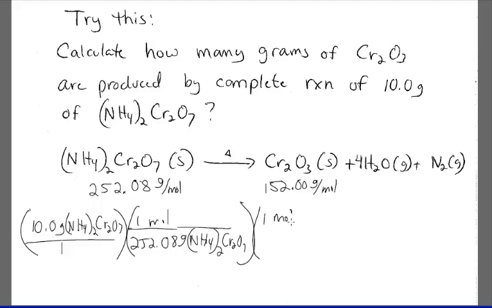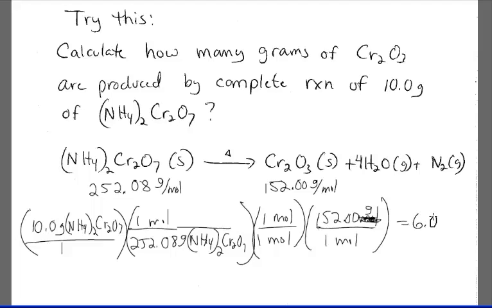I'm just going to write 1 mole to 1 mole, not write out the compounds themselves. And then you convert the product into grams, because that's what's asked for, by using its molar mass, grams per 1 mole. And you would get 6.03 grams of product formed from 10 grams of starting material.